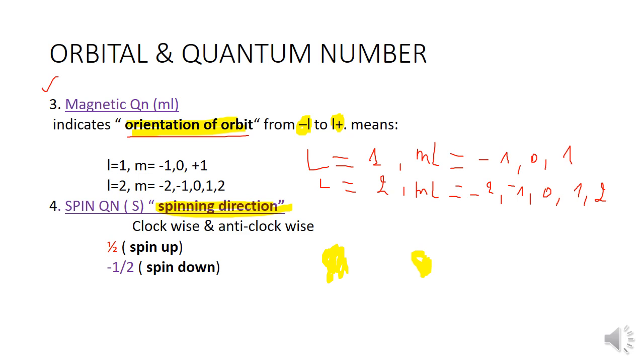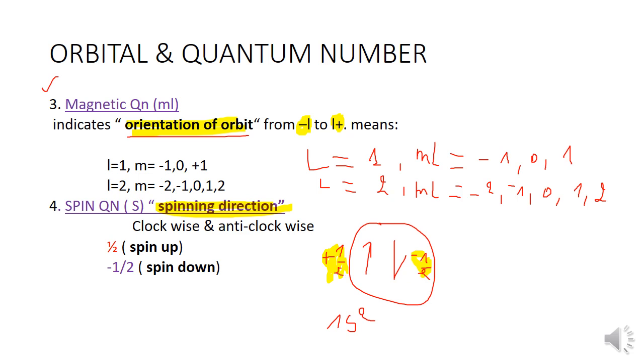Then what about spin direction? In our example we have 1s2. Here we have a spin up and a spin down. Spin down is minus 1 over 2, whereas spin up is plus 1 over 2.